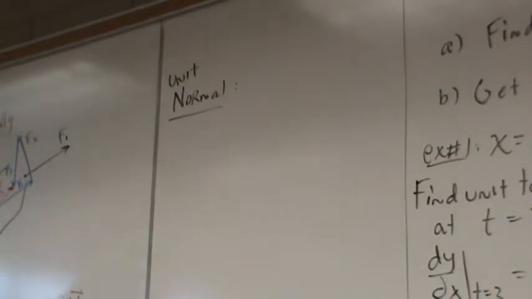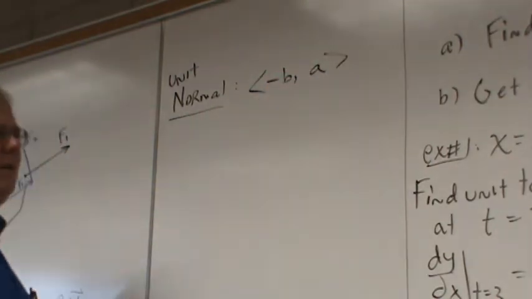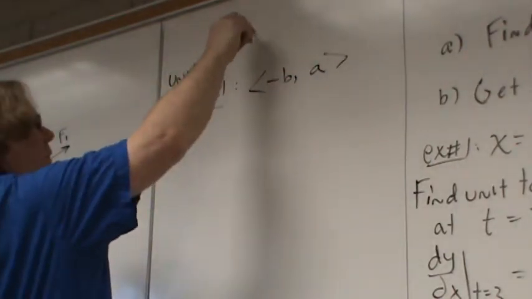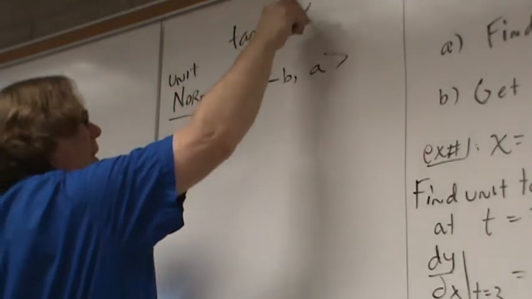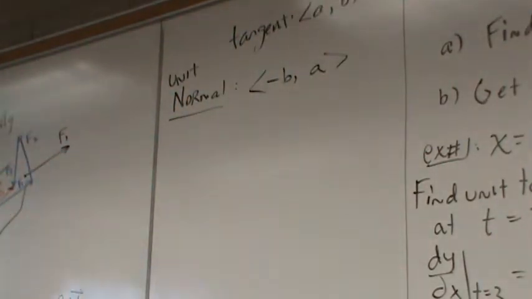Yeah, beautiful. Absolutely. I'm not even going to elaborate on it. We're just going to go with what Zach said. Yeah, it'd be negative b comma a, if the tangent vector is a comma b, because then I need a negative reciprocal slope.